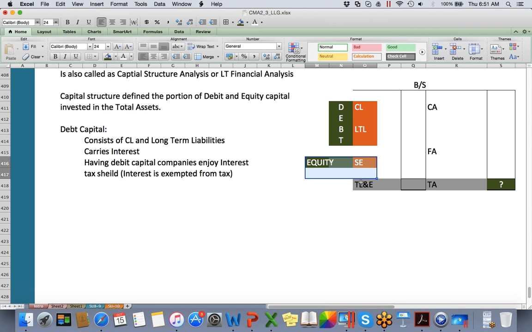Therefore, you issue a major portion of debt to acquire the fixed assets, total assets. But as we know, it has some covenants, so we need a better balance.